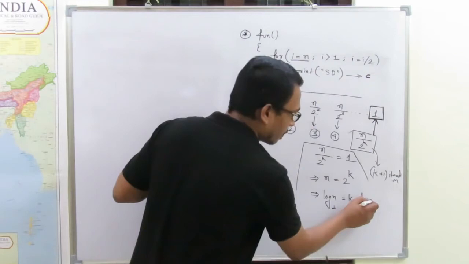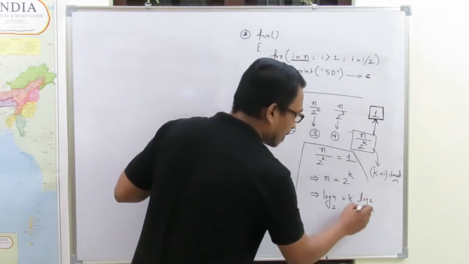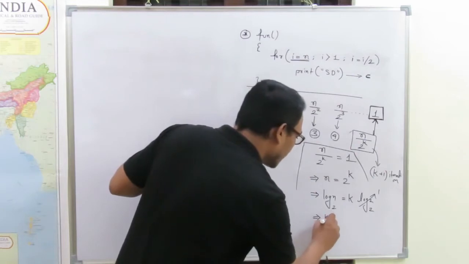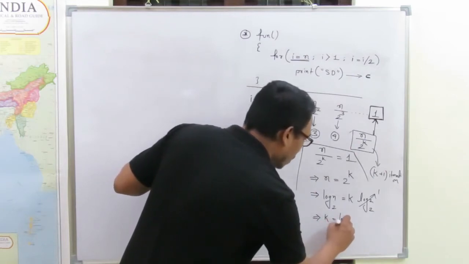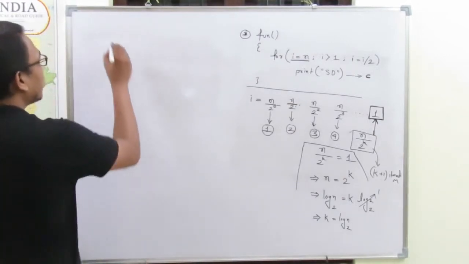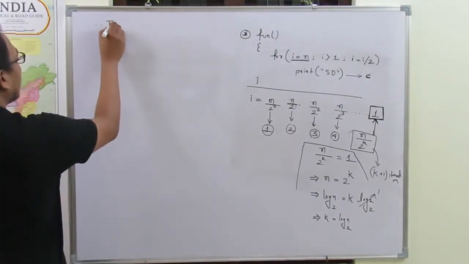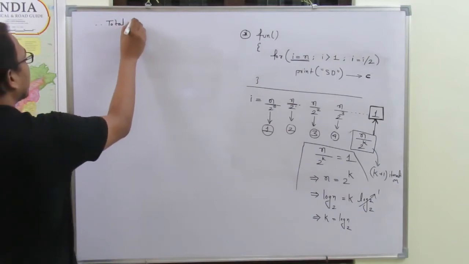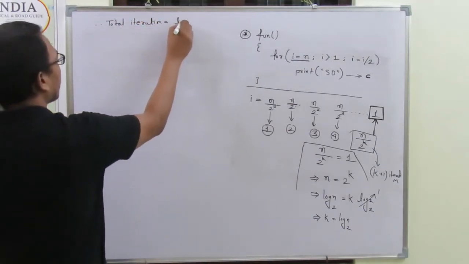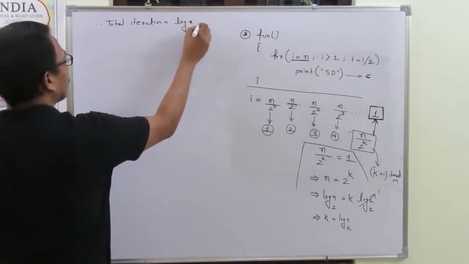Whenever the log base and the argument are the same, we get 1. That means we get k equal to log n base 2. Therefore the total iterations will be log n base 2.